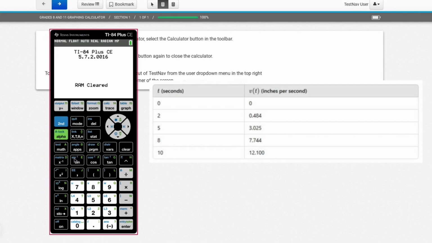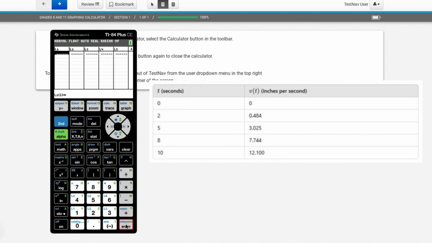Okay, this is how we do quadratic regression. So we're going to take the table, and we're going to use all the numbers in the table. Go to Stat, go to Edit, and on the left side, type out the x, or in our case, the t values. So that was the left side of the table, 0, 2, 5, 8, 10. Okay?